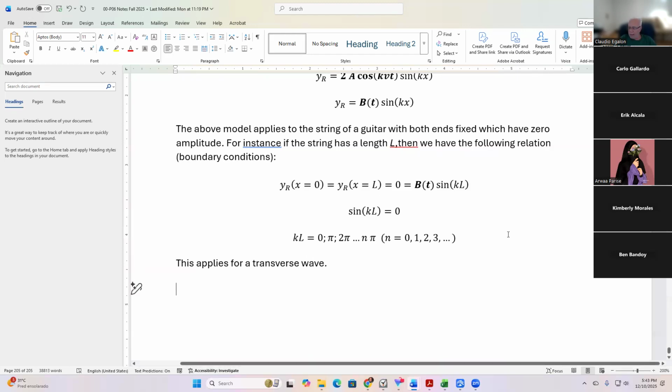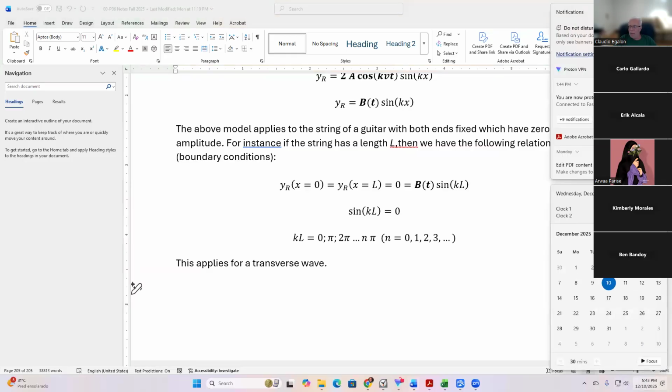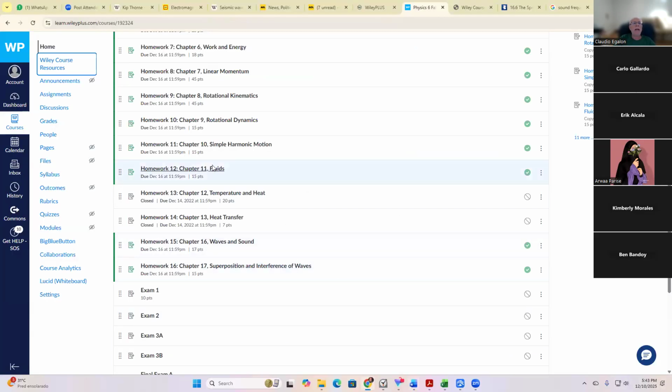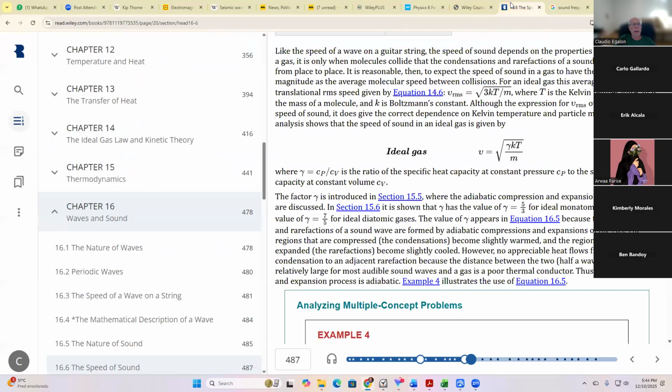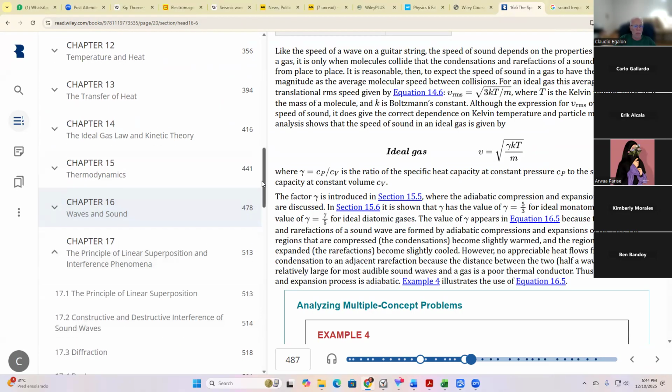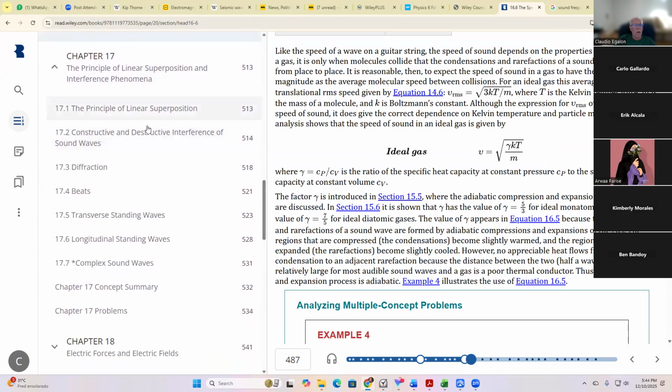What time is it? We have 7 more minutes to go. I want to check here in the book what sections we covered. Here you go, Chapter 17, 17.1, principle of linear superposition. We covered that.